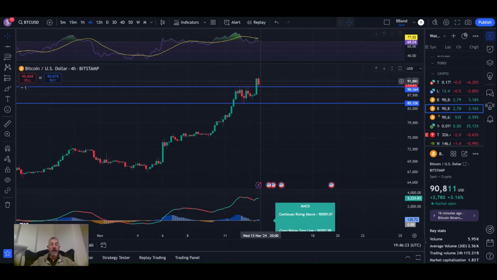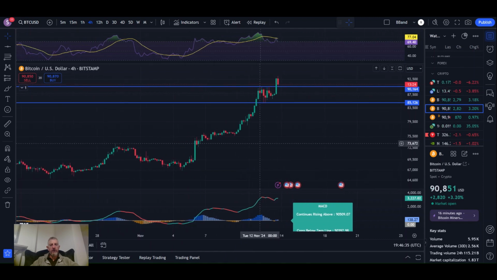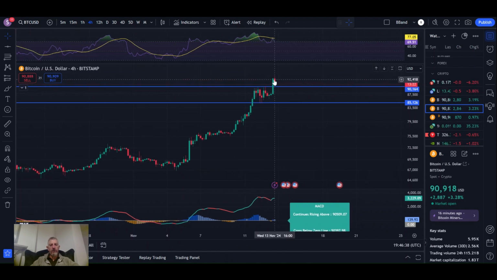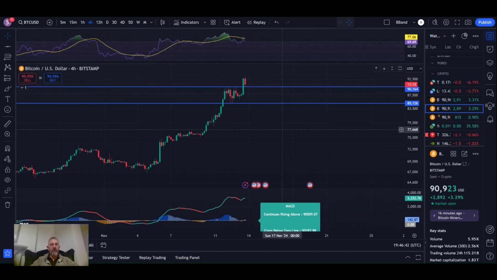That would then create a high and a higher high on price, a high and lower high on the RSI, which is regular bearish divergence, and likely would then lead to at least more sideways consolidation, but maybe a pullback. And then a pullback on this move, I'll sort of look at in the daily time frame.